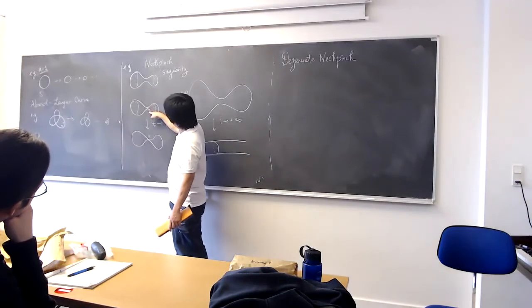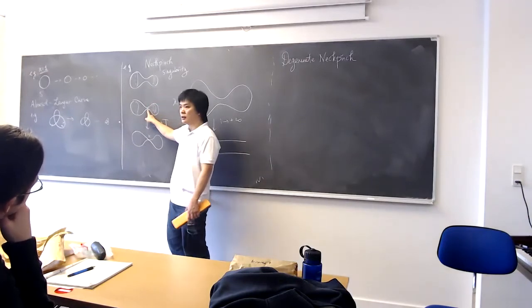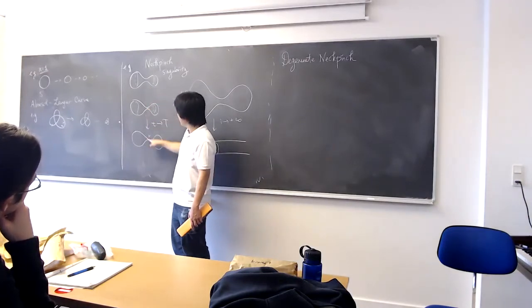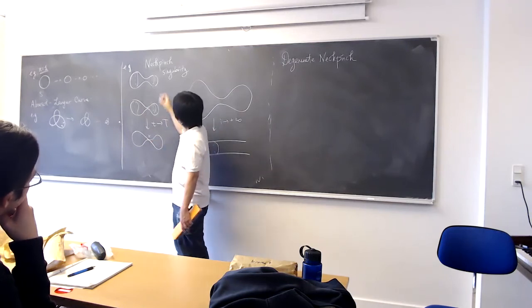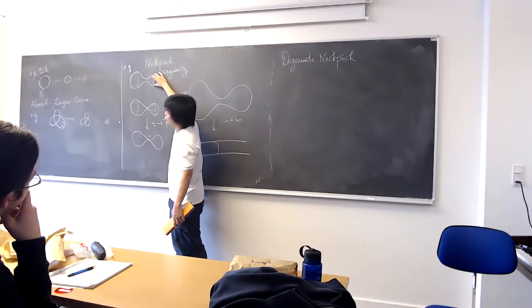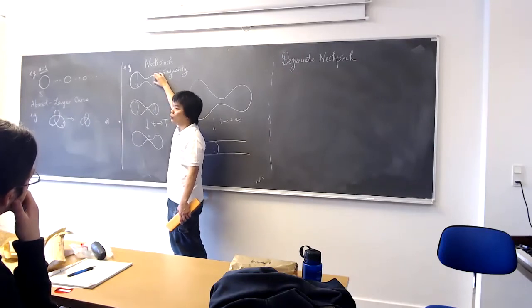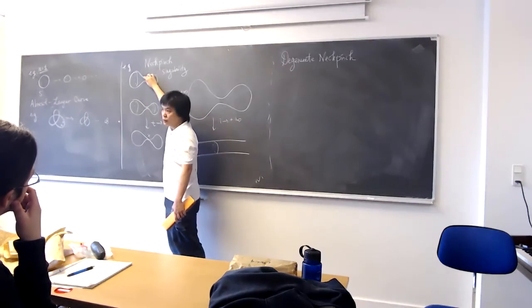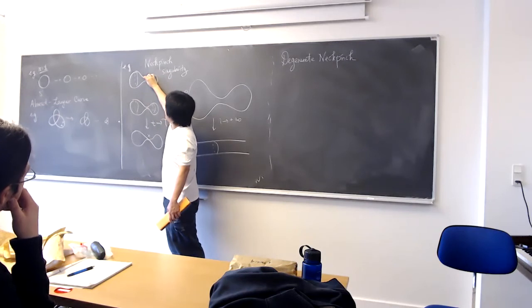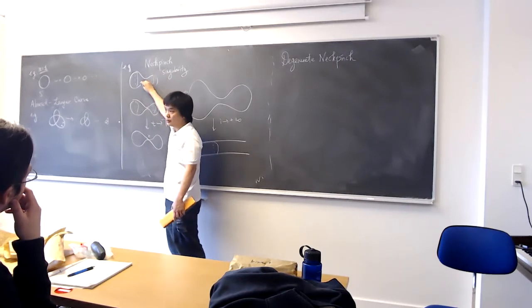In this picture, it looks as if the shrinking here is faster than the shrinking of this sphere. But I can choose this to be smaller and smaller, and eventually I can choose one critical one, such that this leg pinch collapses, and at the same time this ball collapses.